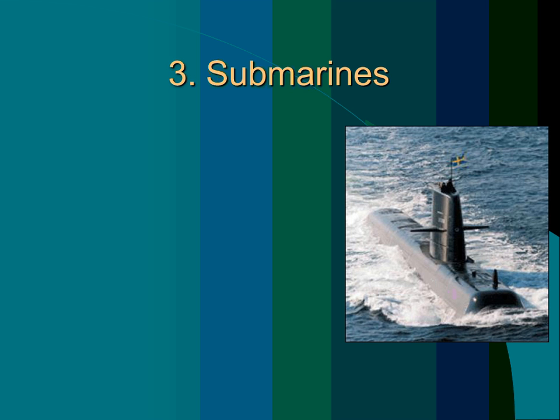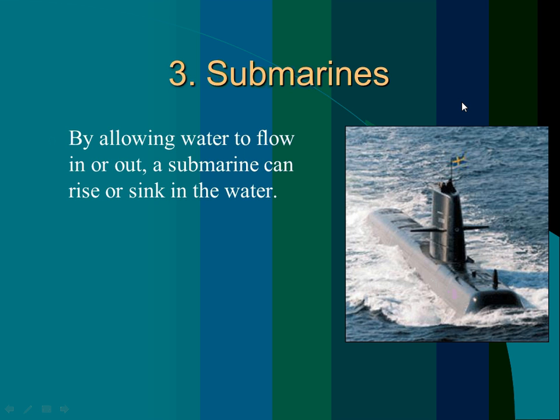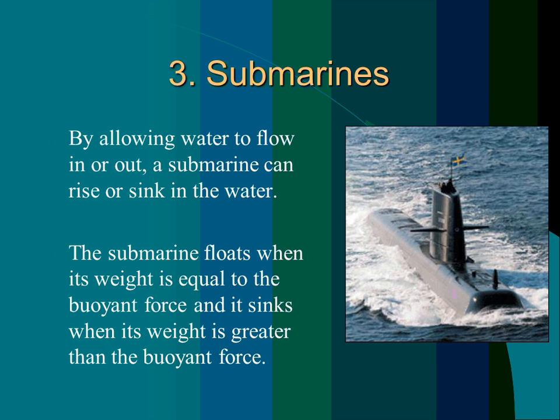Number 3, submarines. By allowing water to flow in or out, a submarine can rise or sink in the water. The submarine floats when its weight is equal to the buoyant force, and it sinks when its weight is greater than the buoyant force.